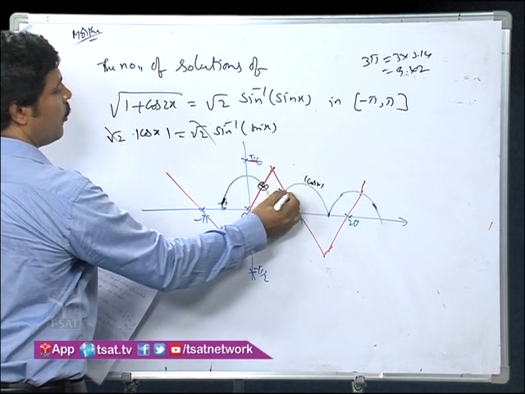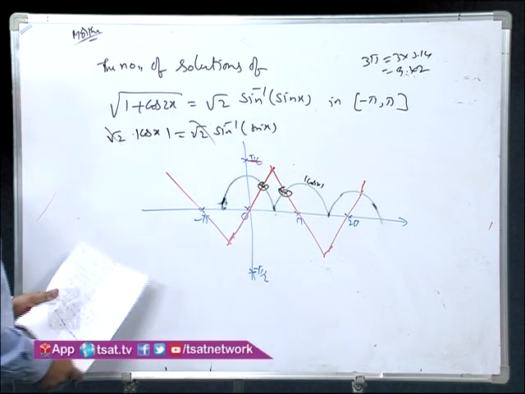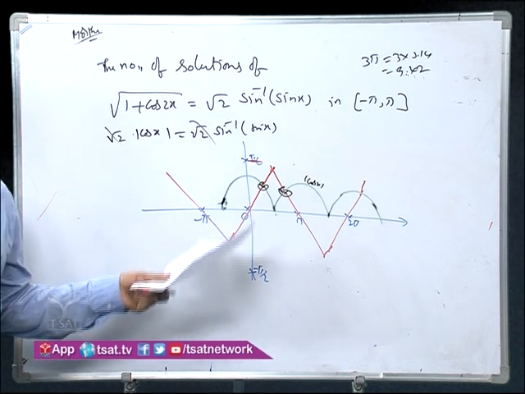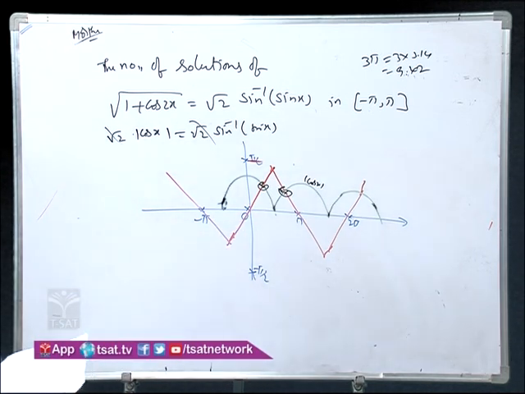Here the points of intersection are 2. The two graphs intersect at 2 points in that interval minus pi to pi. Okay, the number of solutions is 2. We can also solve by numerical methods.